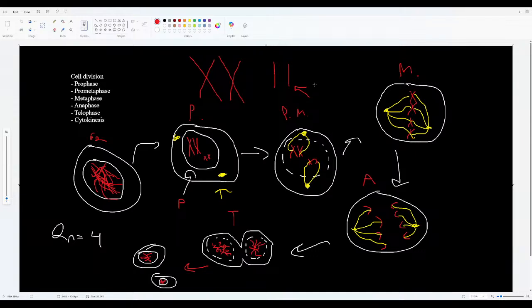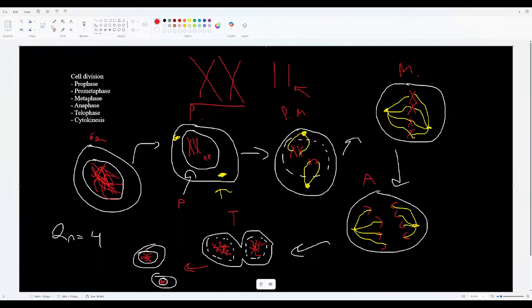So if we didn't go through cell division, then these last cells would have half the amount of DNA as the parent, right? That's very important to note, right? And if you look at these ones, so now that we have two identical copies, we can now put one copy into one cell and the other copy in the other cell, therefore creating two identical copies. Do you see why that's important now? I hope you do.